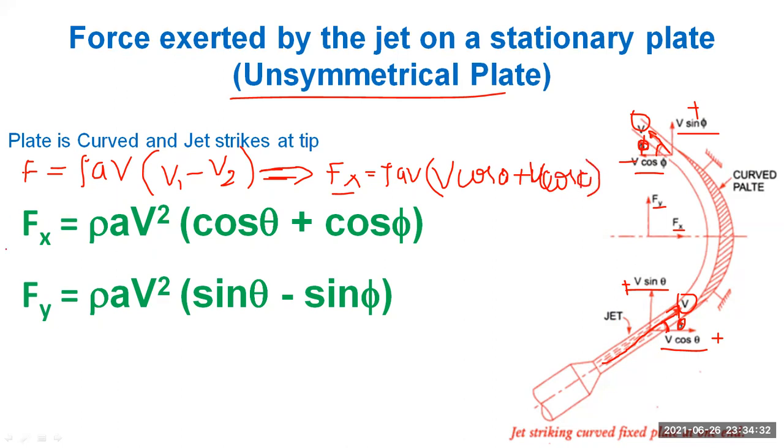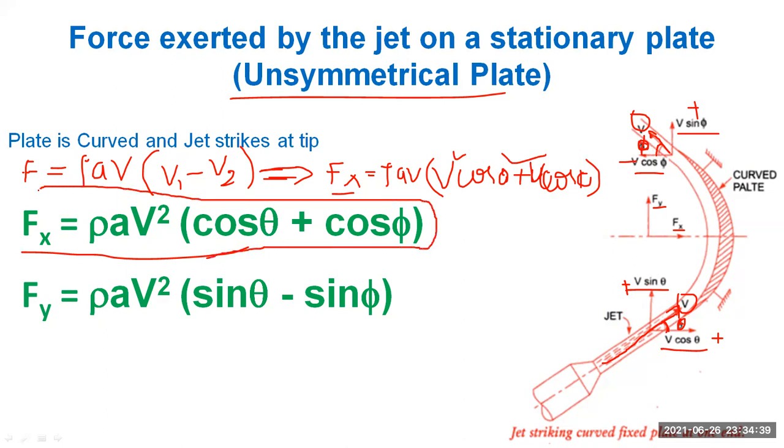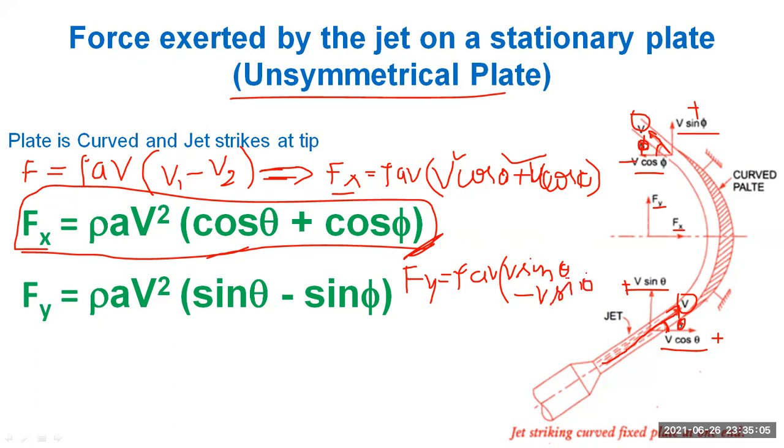So Fx will be rho a v square, because v is common, you can take it outside. So rho a v square (cos theta plus cos phi) is the force exerted by the jet on the plate. Similarly, we'll calculate Fy. So Fy will be equal to what? Rho a v. The initial velocity in the vertical direction is v sin theta minus v sin phi.